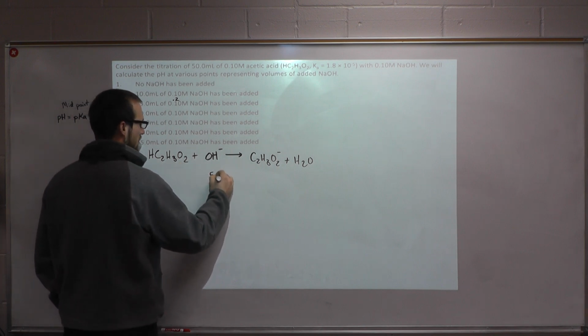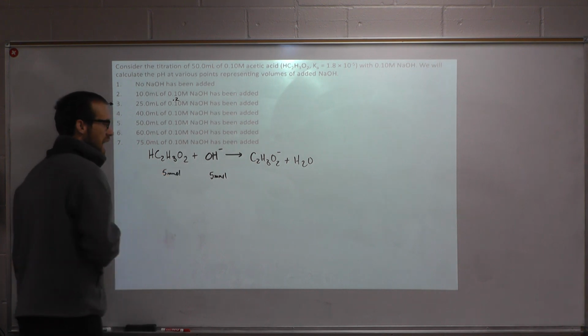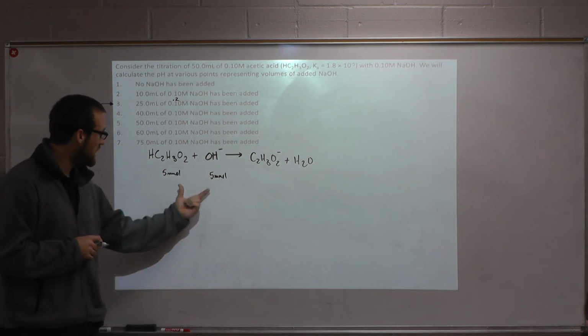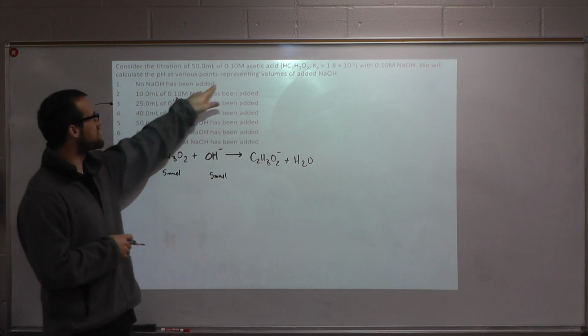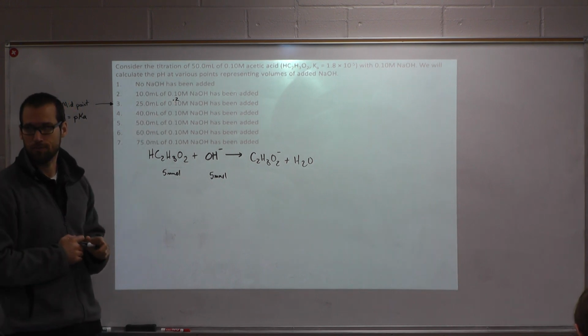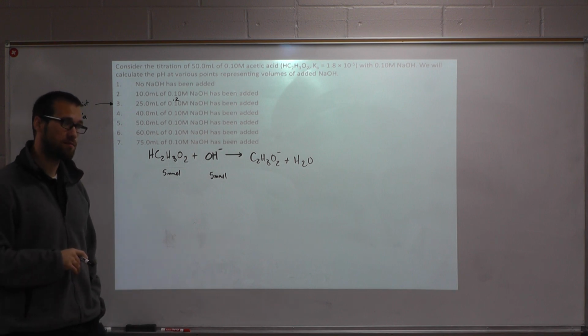So we would have had 5 millimoles of this and 5 millimoles of this, and that's actually our equivalence point when we neutralize everything. So if the concentrations aren't equal, then we cannot say the midpoint is half the volume. If the concentrations are equal, we can make that assumption.